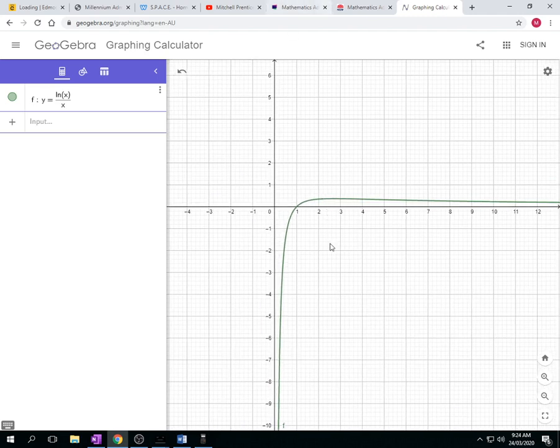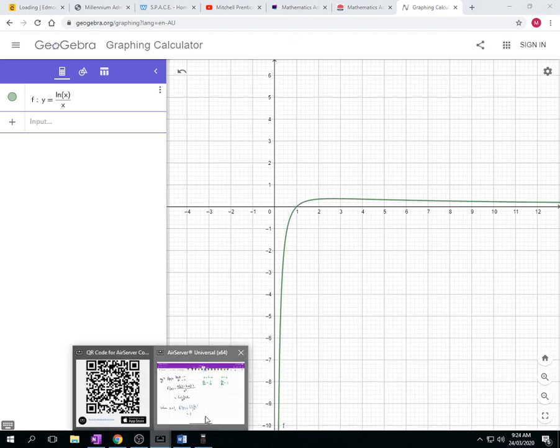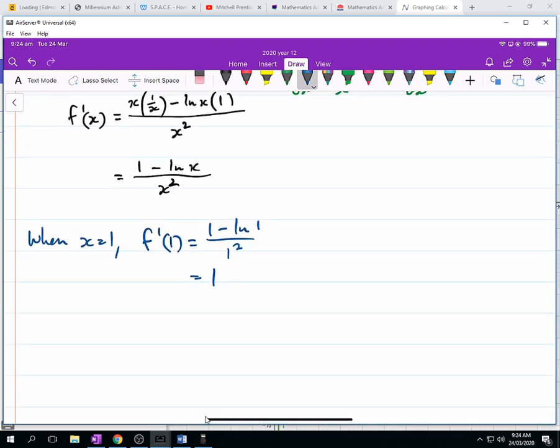So if we check that, let's say when x is equal to 5, actually I'll put this as x is equal to e because that could be an important one.